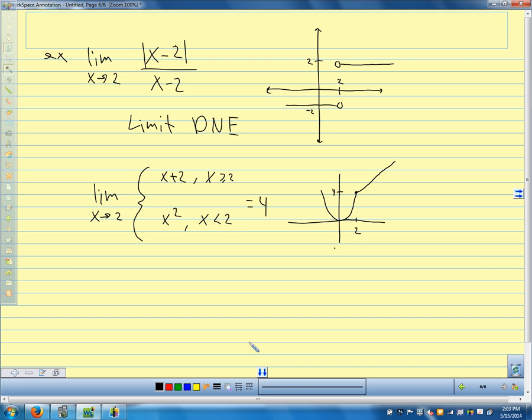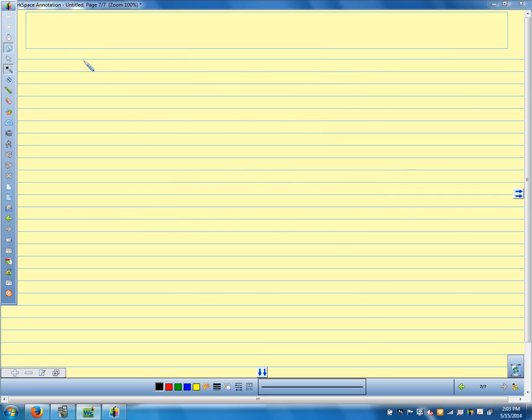Just to look at a preview of a technique that we'll use in section 11.3 on Monday. So we're going to say f of x equals x squared minus x.